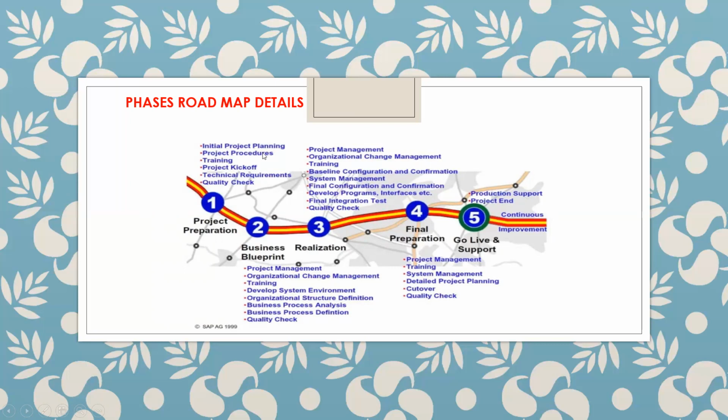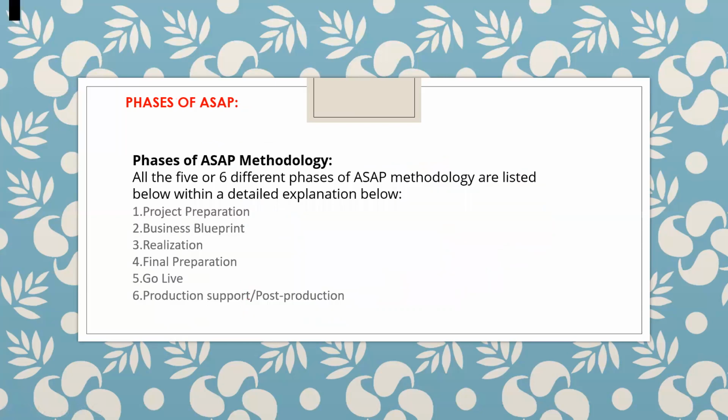So: initial project planning, project procedures, training, project kickoff, technical requirements, and quality check. On a brief, it looks brief, but it has a lot of groundwork needed. Sometimes it might be 60 days, sometimes 3 months or something like that. So what is project preparation? All these are the 6 phases.